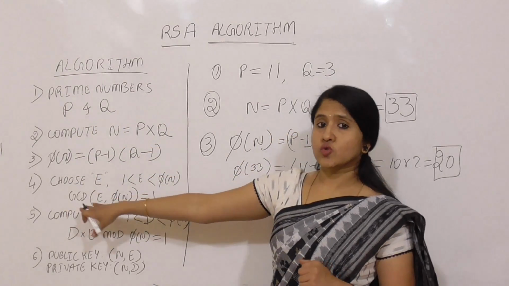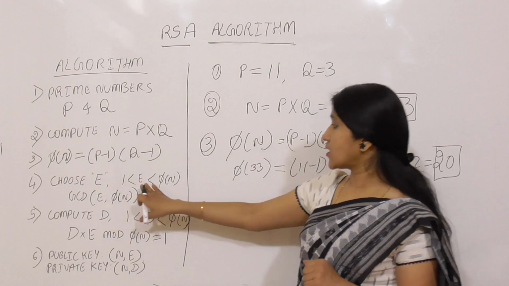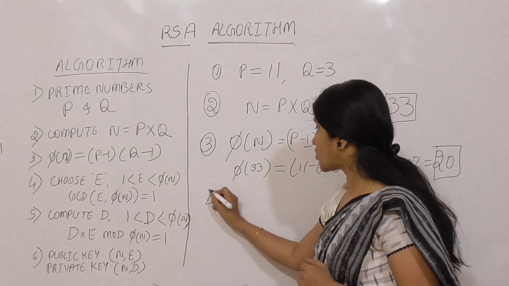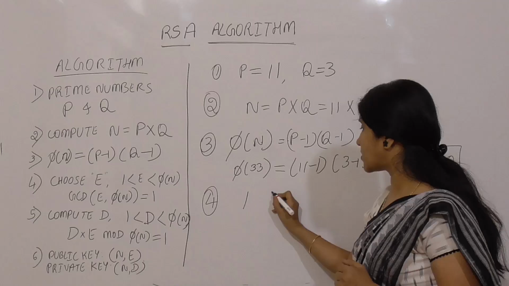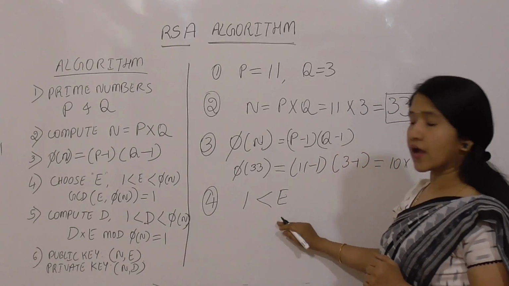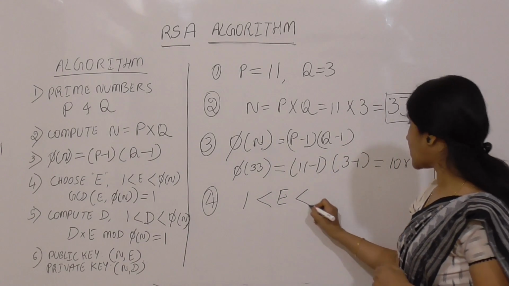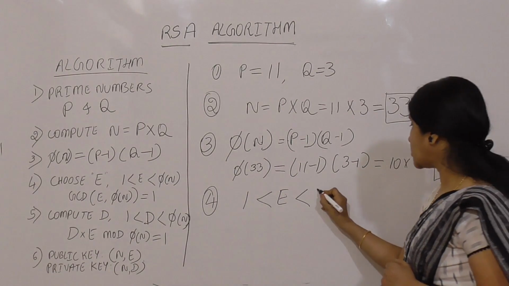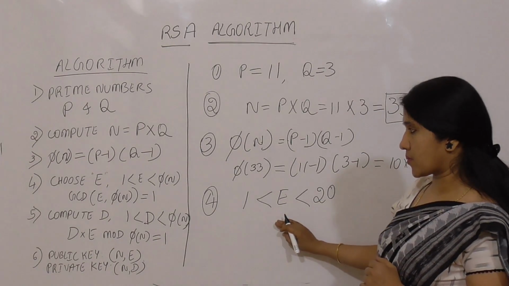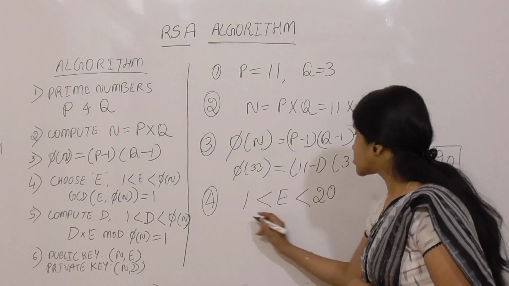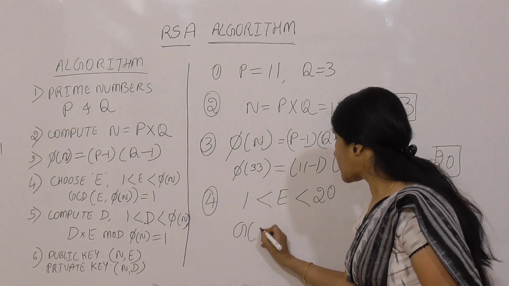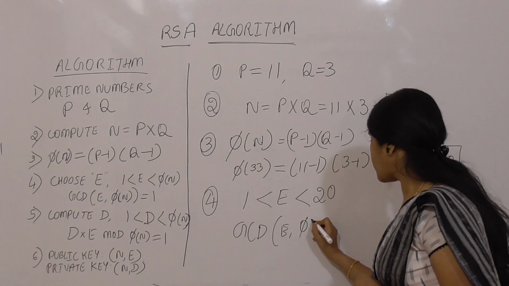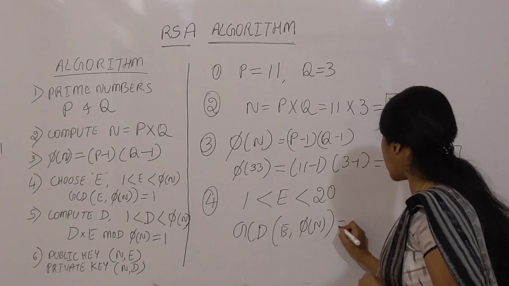Now I have to choose E such that E should be greater than 1 and less than phi of n. What is phi of n? 20. From 1 to 20 I should choose a number such that the GCD of E and phi of n should be 1.